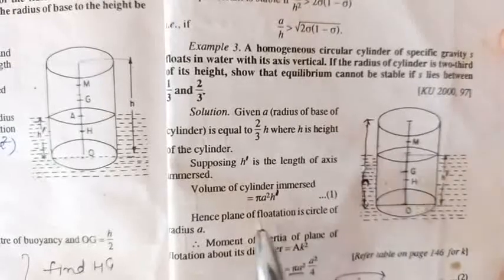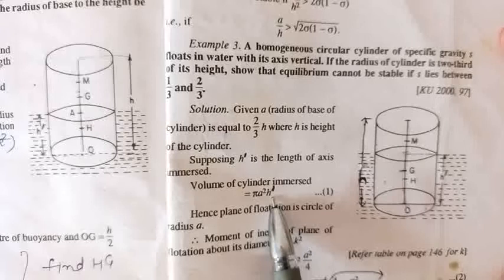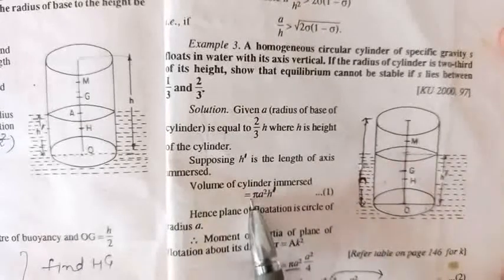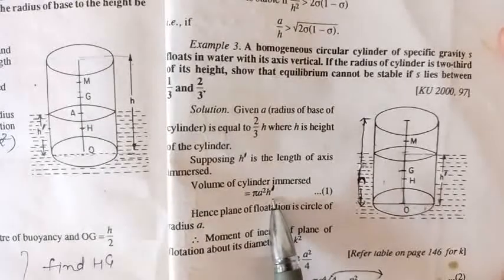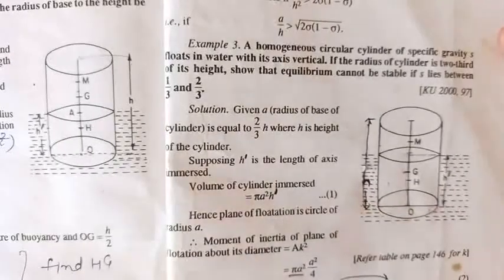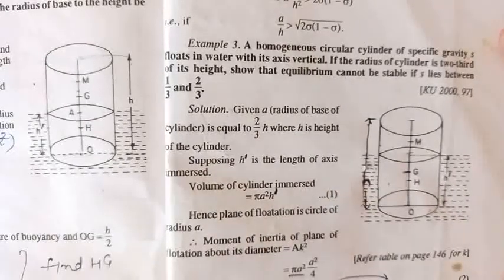By the formula of volume, this is given by pi into radius square into the height. Radius of the cylinder is A, so volume will be pi A square, and the height of the immersed part of the cylinder is h dash. So the volume will be pi A square h dash.